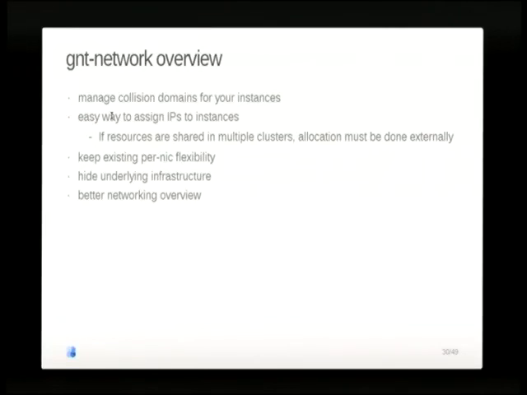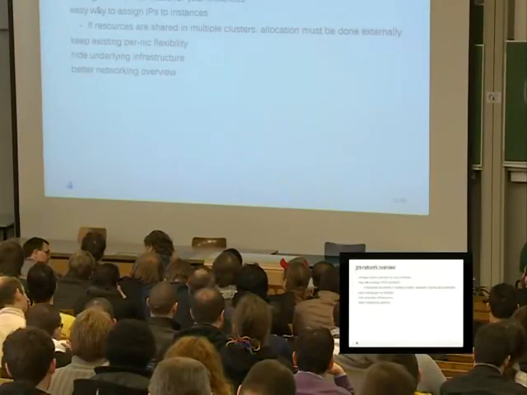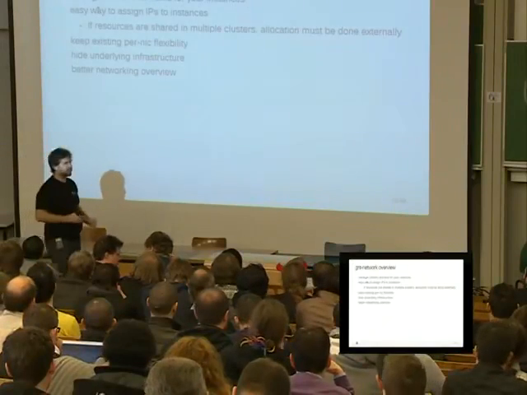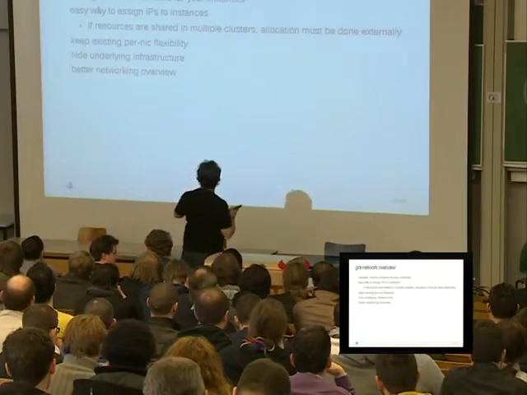So first you create a network, and then when you create a NIC, you say this NIC is on network X. And the network also supports an IP pool, so that if you specify that the machine has an IP, it gets held in the pool, and if you say auto, the pool will just grab a free IP and give it to you. You can also support reservations, saying these ones are reserved for my network people, so don't ever give those away because they're not to be used inside Ganeti.